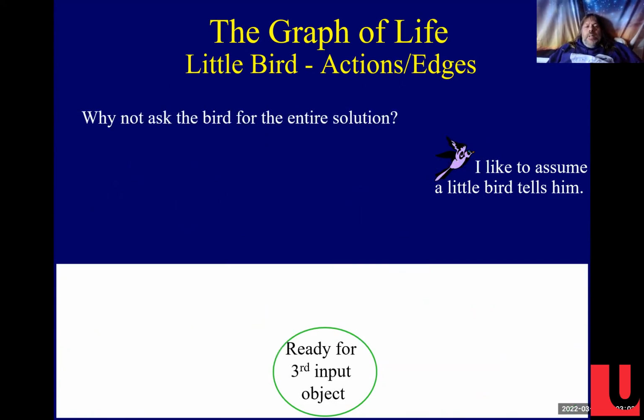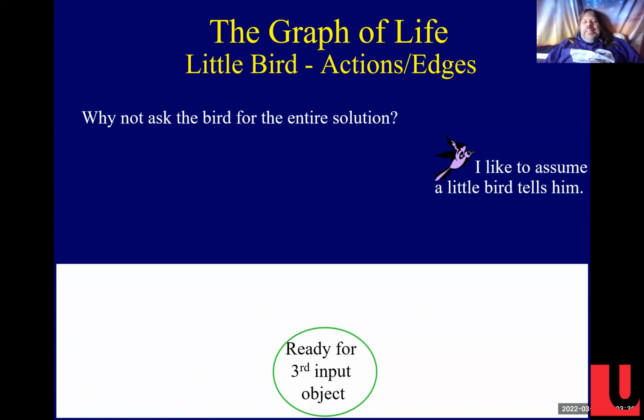All right. Now, a question often arises if you have a little bird who can tell you things. If you're asking him questions, why don't you ask the bird which action should I take, or tell me something about the solution, or tell me something about the input, right? You can ask any questions you want.